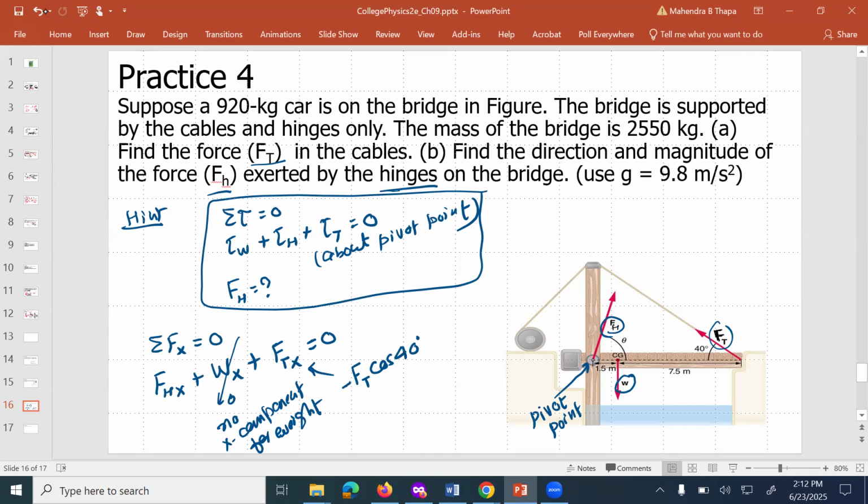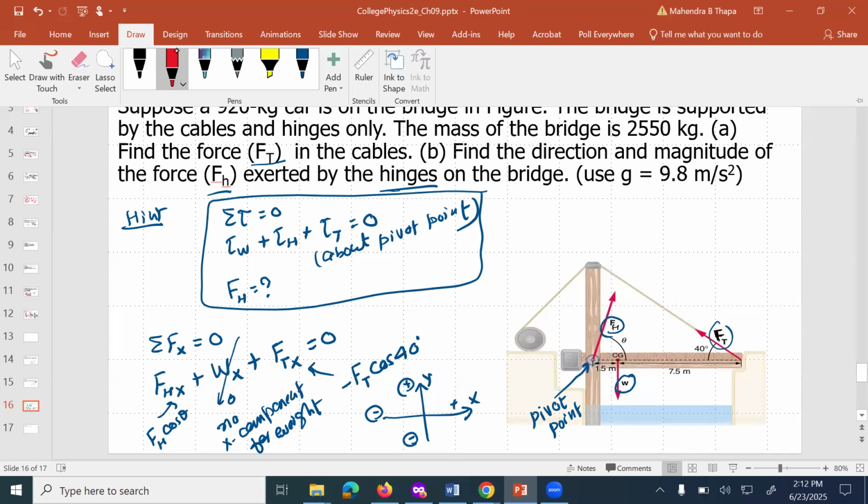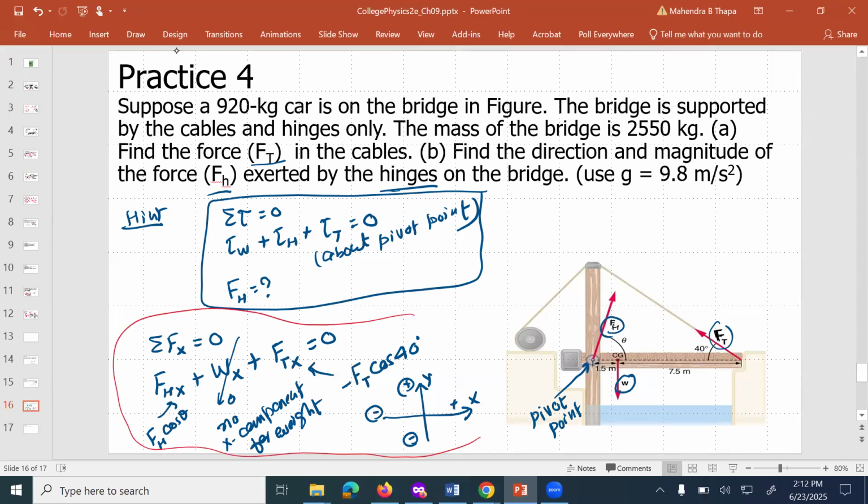If I assume up along the y-axis is positive, down negative, along the x-axis I assume left as negative and right as positive, okay? Similarly, this will be FH cosine theta. You have to do similar steps for the y-axis.